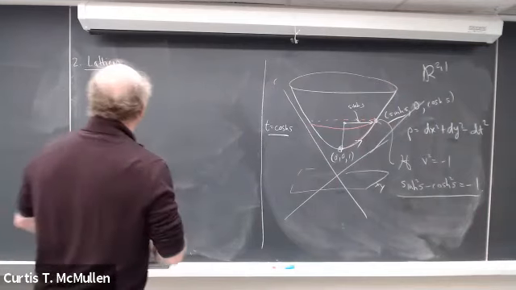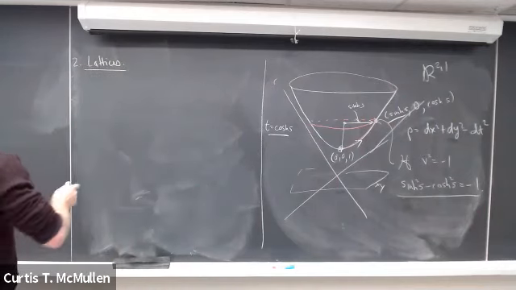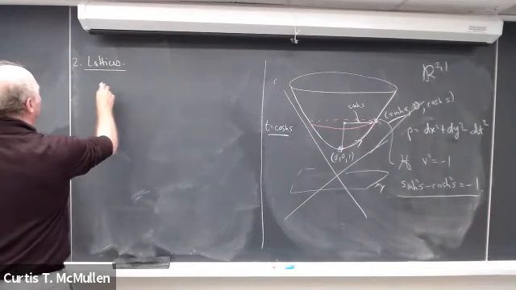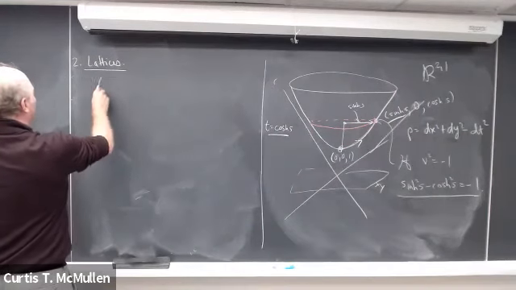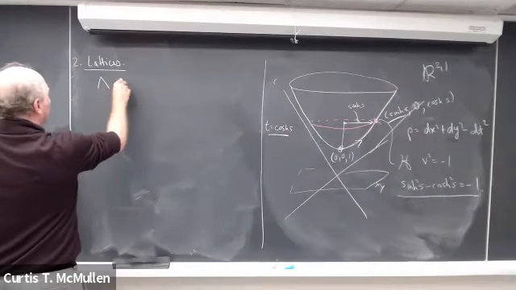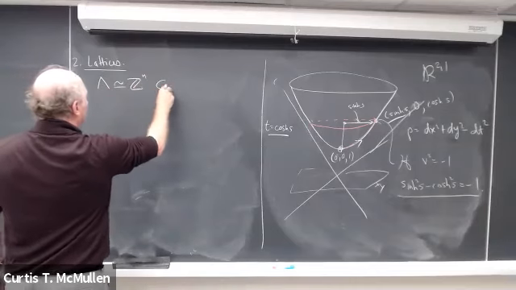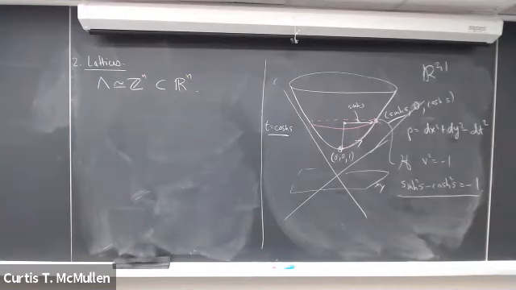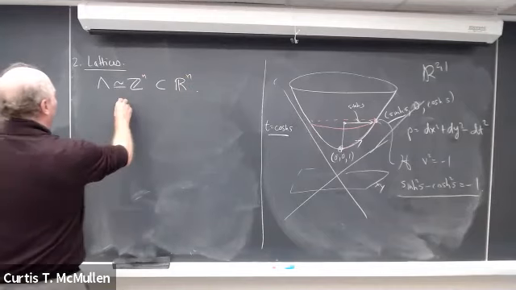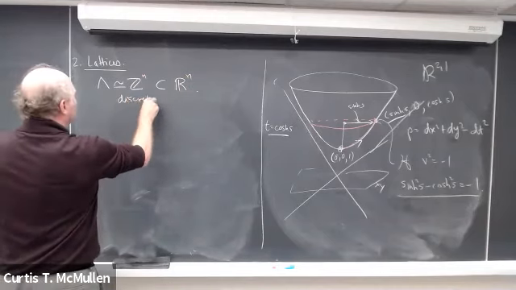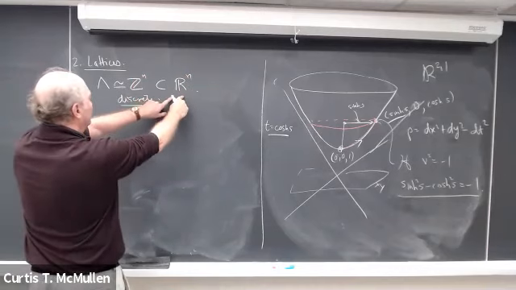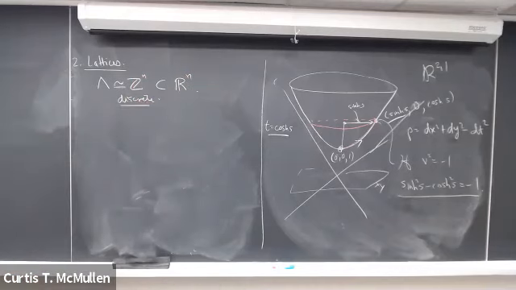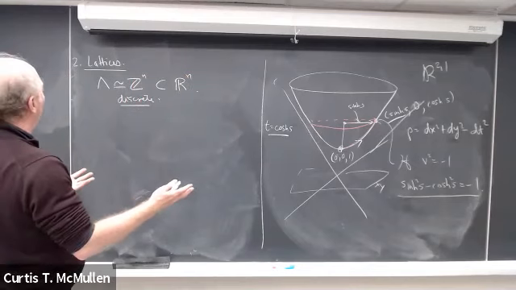And so for lattices, here's what I want to discuss. So what is a lattice? It's a discrete subgroup isomorphic to Z^n sitting inside of R^n. So it does not lie in any subplane. It contains a basis for R^n.